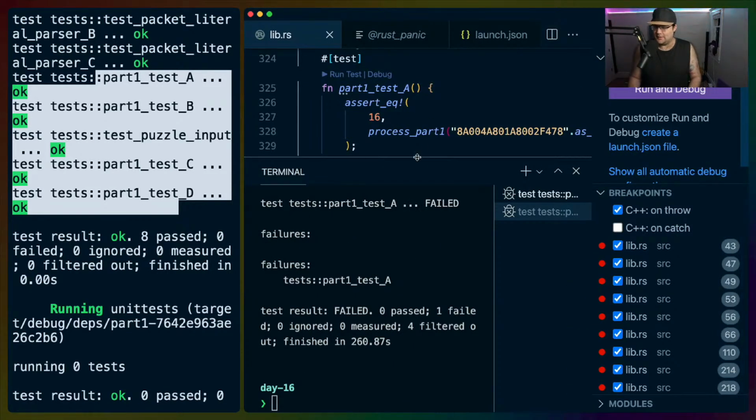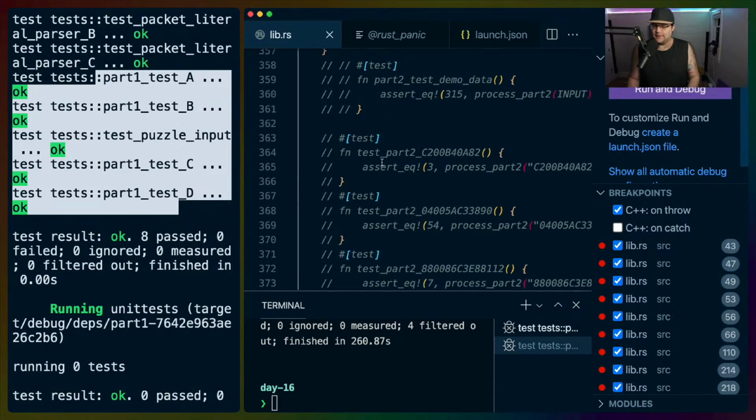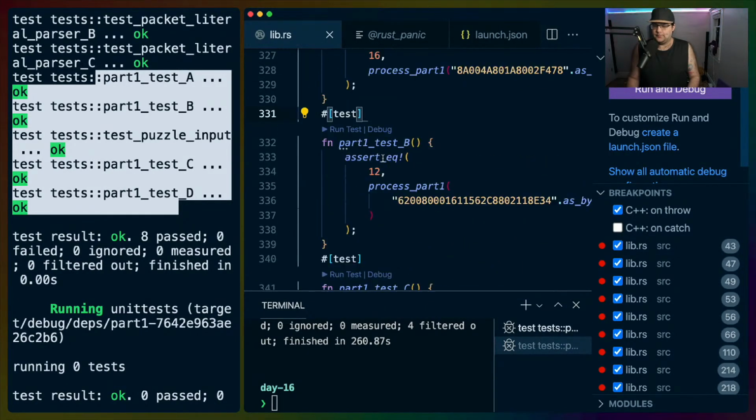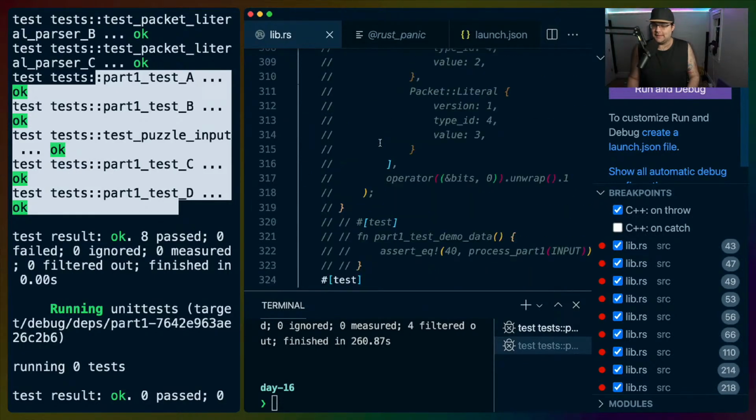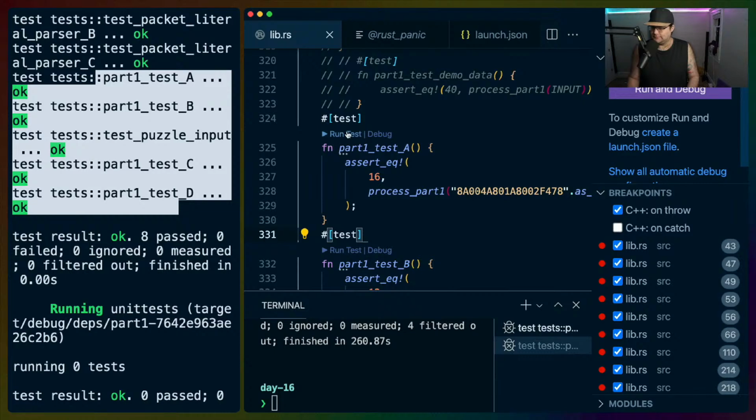The debugger, so code LLDB, for those of you that don't know, is actually kind of amazing. In this case, I was using it to debug one of these tests.